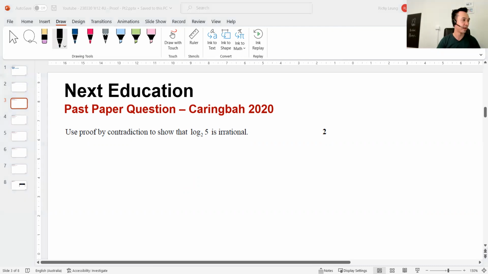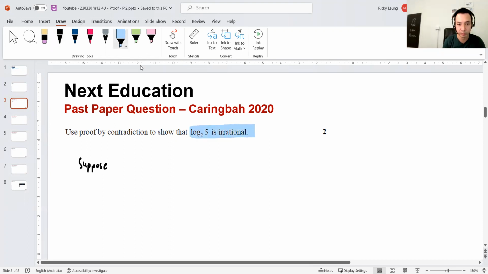So we're going to prove by contradiction that log base 2 of 5 is irrational. Obviously the opposite, the negation statement, is to suppose that it is rational. Suppose log base 2 of 5 is rational.